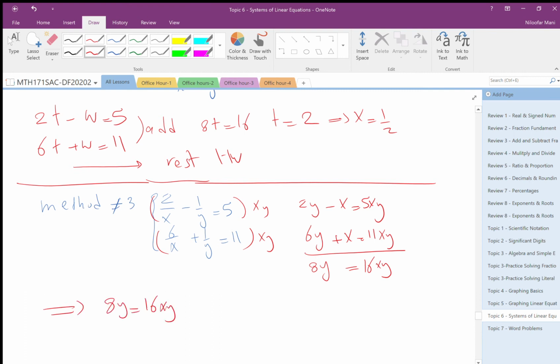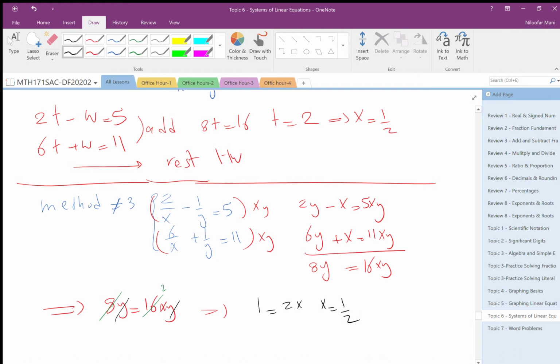What happened then? I have 8y equals 16xy. I can cancel, so maybe I change the color. Red maybe just bothers your eye. So I can cancel, so this and this I can say 2, then I can cancel this and this, and then I have 1 equal to 2x, and then I have x equal 1 over 2, and then I can find the rest.